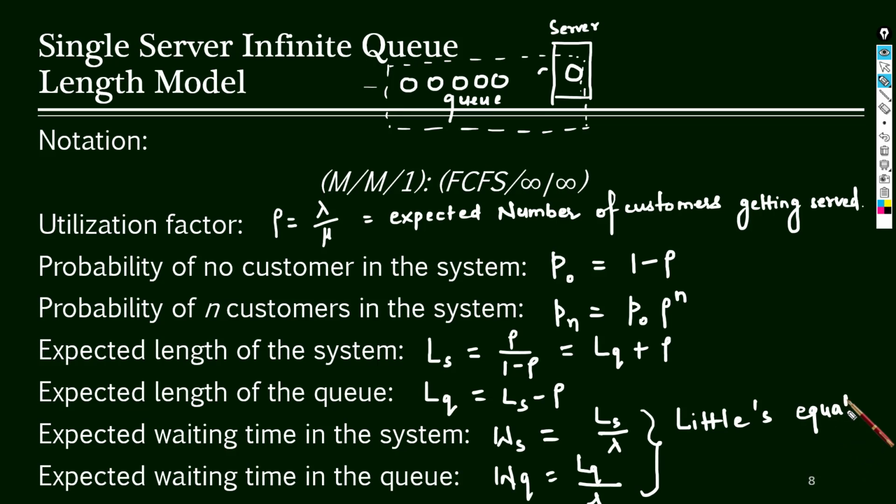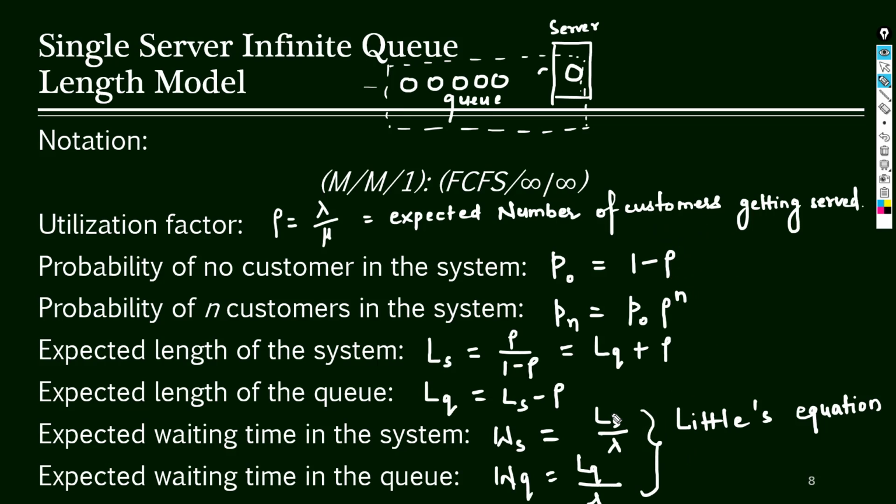So there is no need of going for the derivations of how these formulas have come. Just remember that this is the expression from Little's equation, and we can calculate through this expression. These are the formulas which we will use.